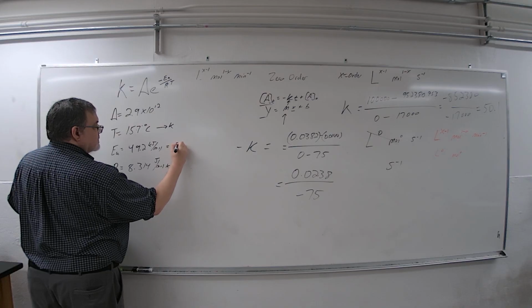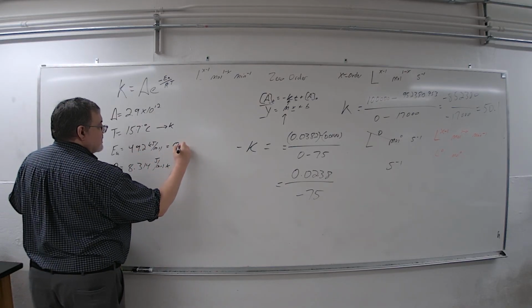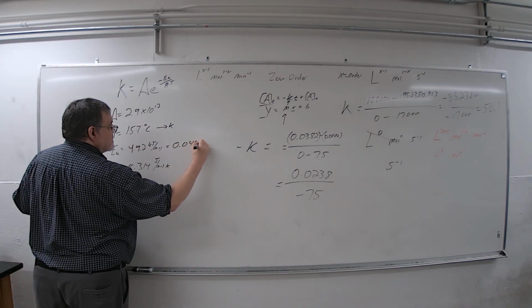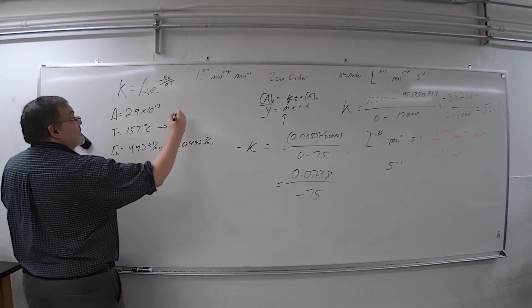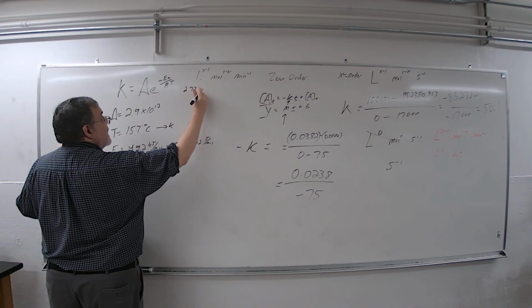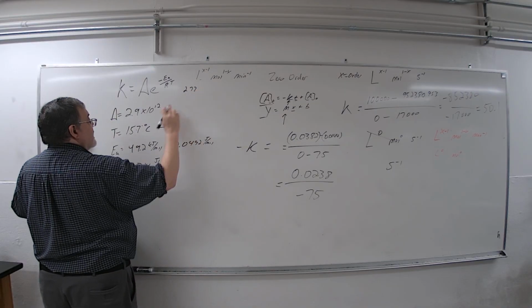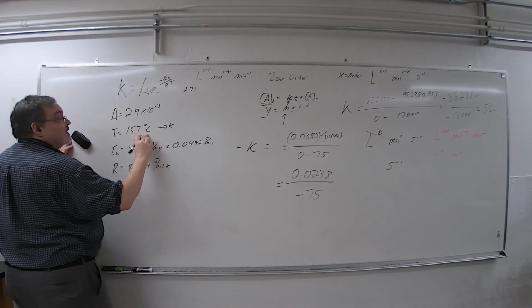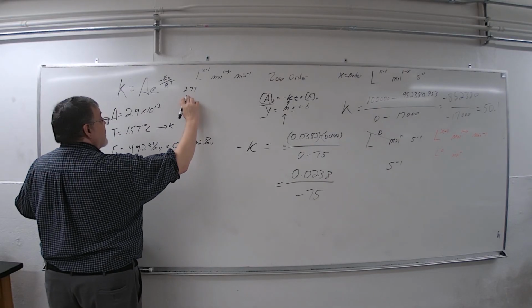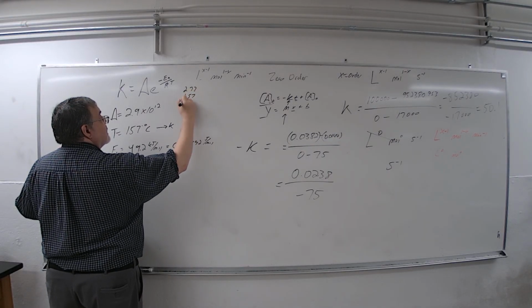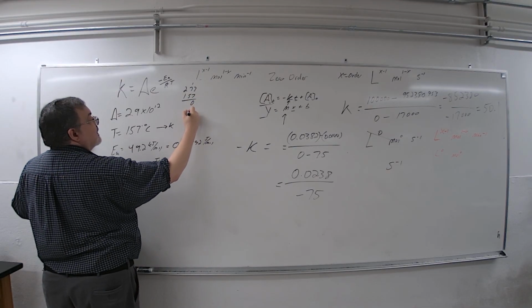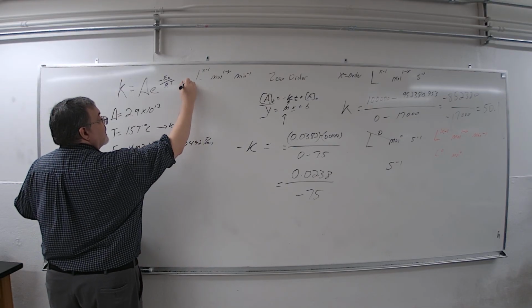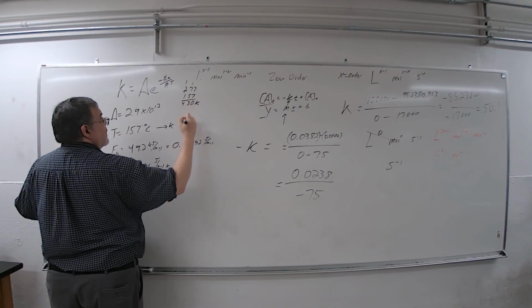So if that's kilojoules, 0.0492 joules per mole, we need that. And we need 273. I'm not doing the 0.15 because there's nothing after this. So 273.15, but really 273. 430K.